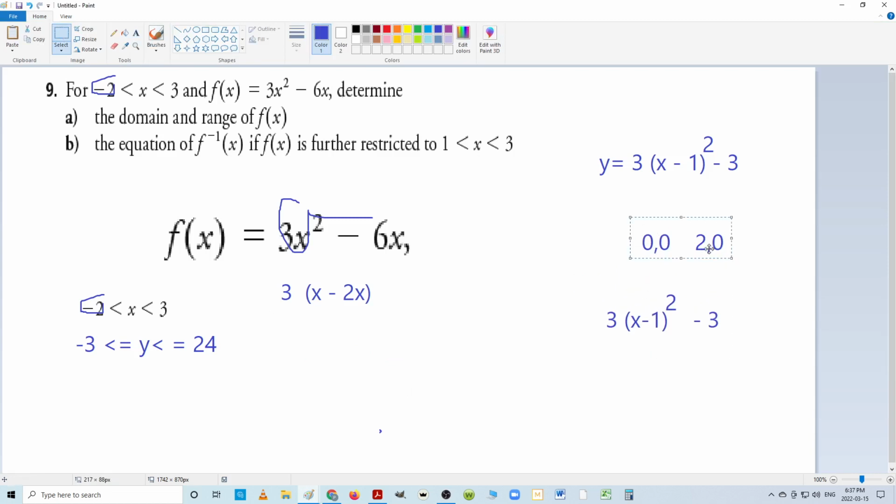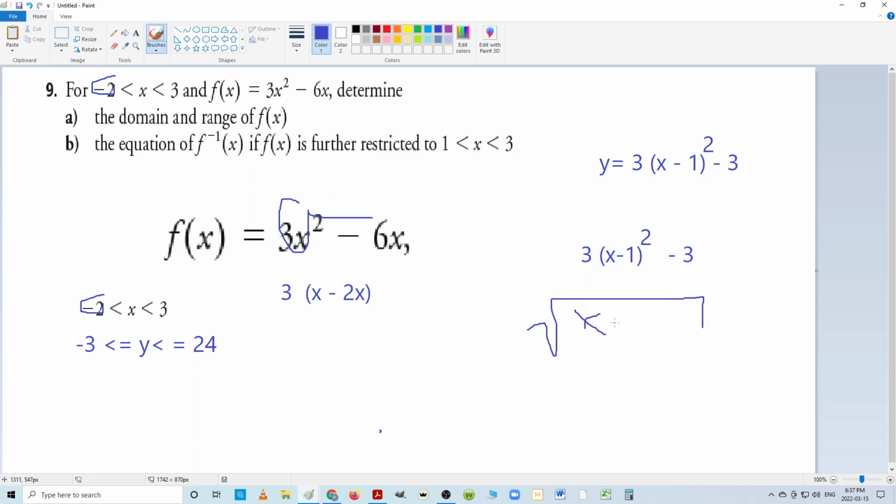I'll keep these. I don't need those anymore. And if I quickly find the inverse, this is the inverse. That becomes that, that becomes that, and that becomes that.